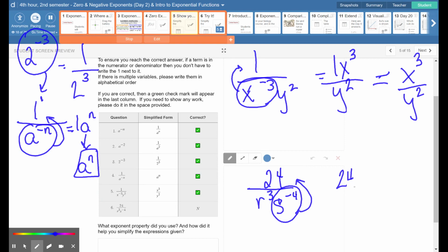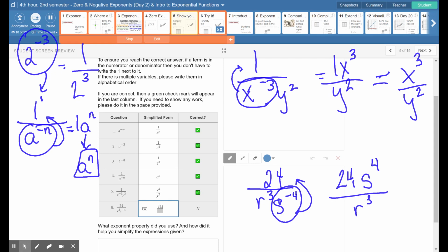So the 24 stays, then s to the 4th over r to the 3rd. So 24s to the 4th power, go all the way down to the denominator and write r to the 3rd power.